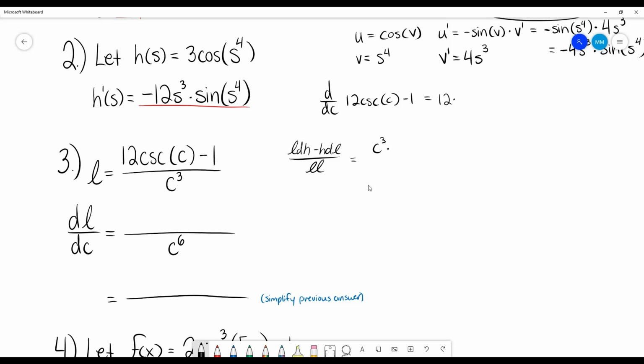And if we remember our trig derivatives, I know that the derivative of cosecant should be negative cosecant times cotangent. So it's going to be 12 times, we'll put that negative in front, so negative 12 times cosecant of c times cotangent of c.